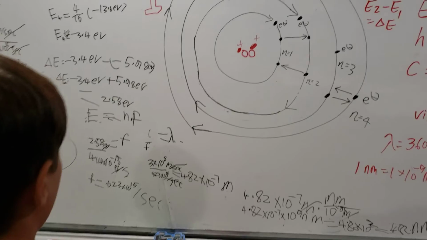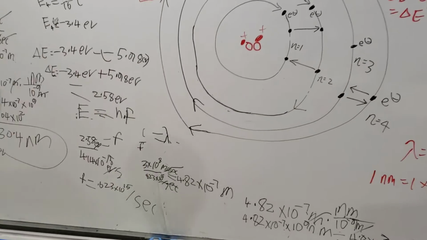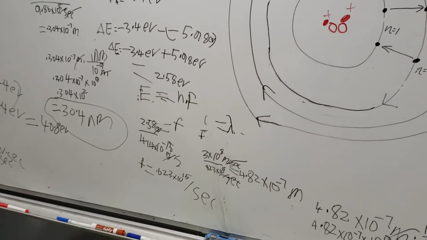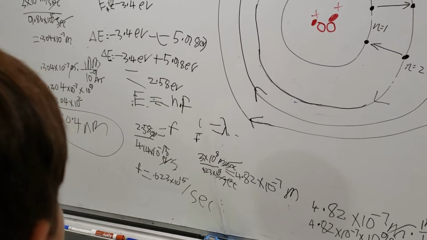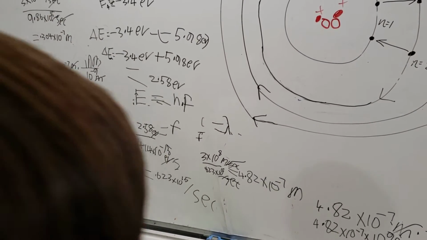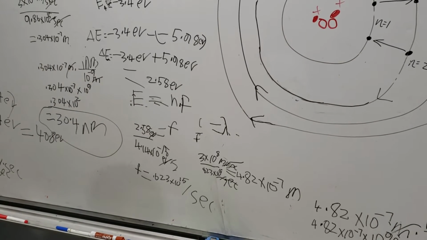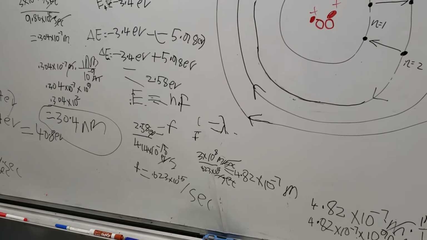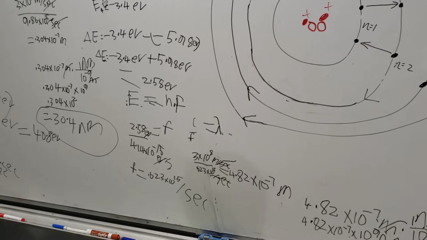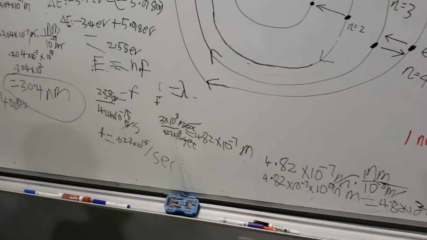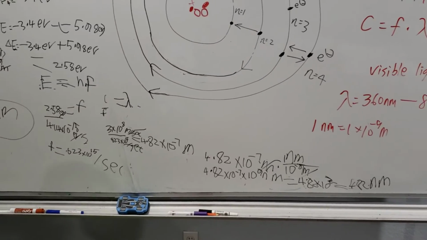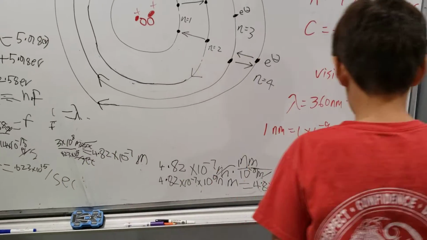The speed of light, which is 3 times 10 to the 8th power meters per second, divided by the frequency is 4.82 times 10 to the negative 7th power meters, and then you turn it into nanometers. So that's your wavelength, 482 nanometers.